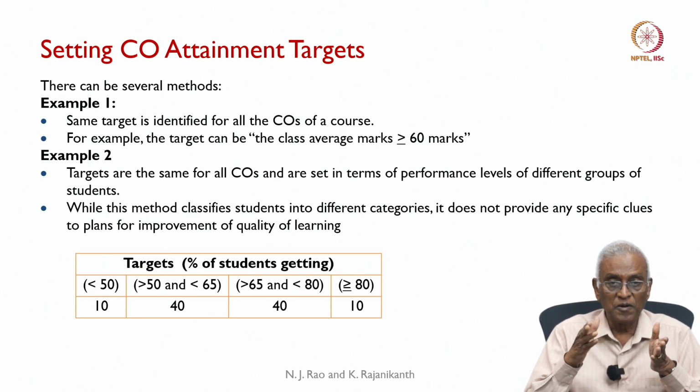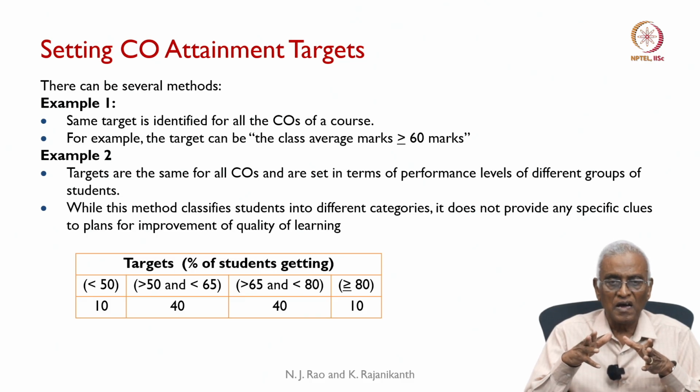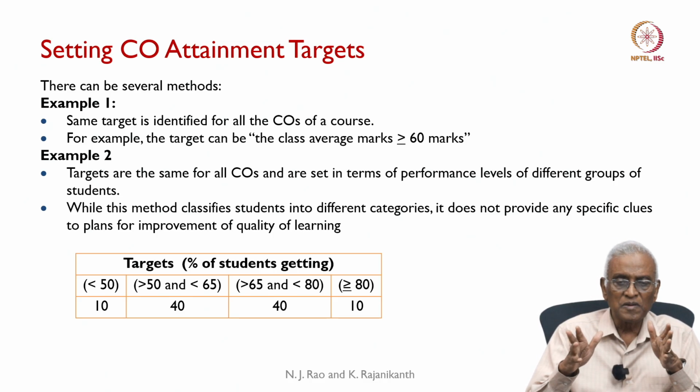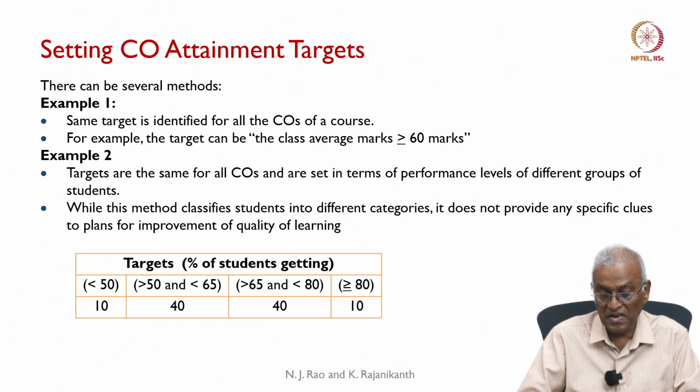Whether it is justifiable or not is not a definitive answer, but I am acknowledging that all students will not be similar, however much you expect, but the percentages of them should fall within these categories. That is one way of setting the target.